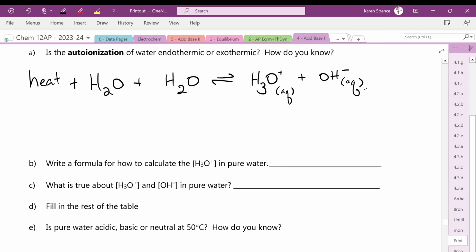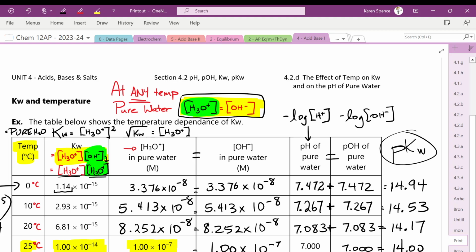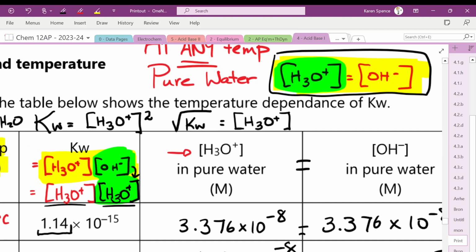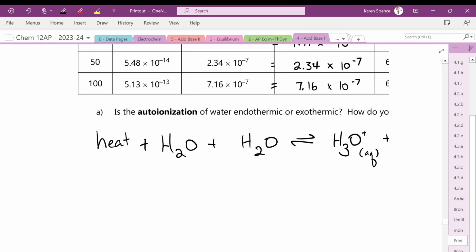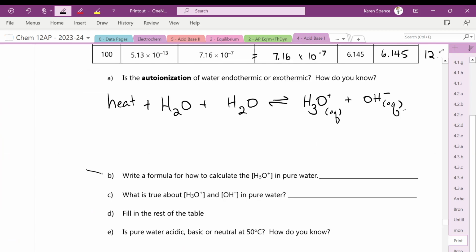Now, write a formula for how to calculate the H3O plus in pure water. If we go back up here, remember, Kw is equal to H3O plus squared in pure water. So how would we calculate H3O plus concentration?